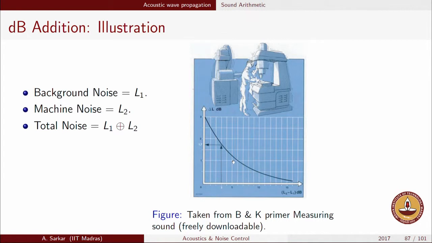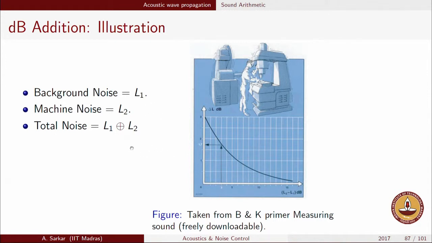So, this sort of a chart is very useful to convert this logarithmic addition formula to a very handy formula. And you will also note that if L2 and L1 are just identical, which means that L2 minus L1, the arithmetic subtraction, is 0, then you need to add 3 dB to the component which is at the higher level.